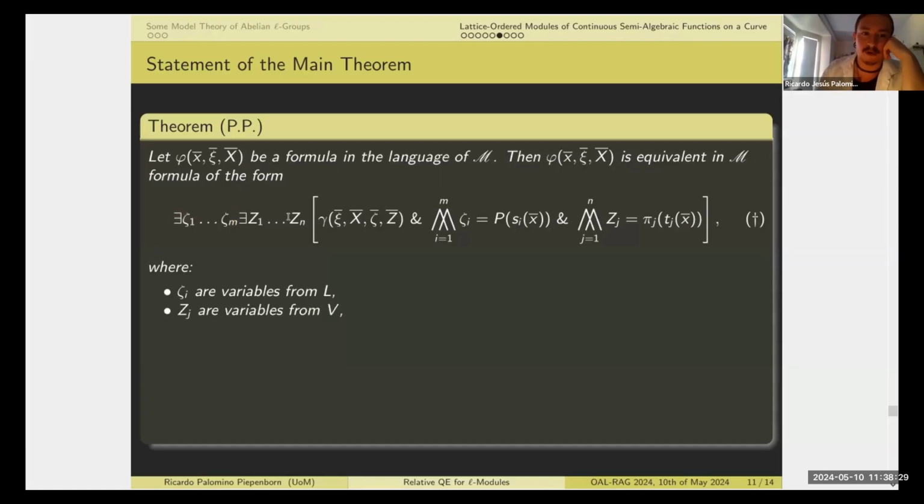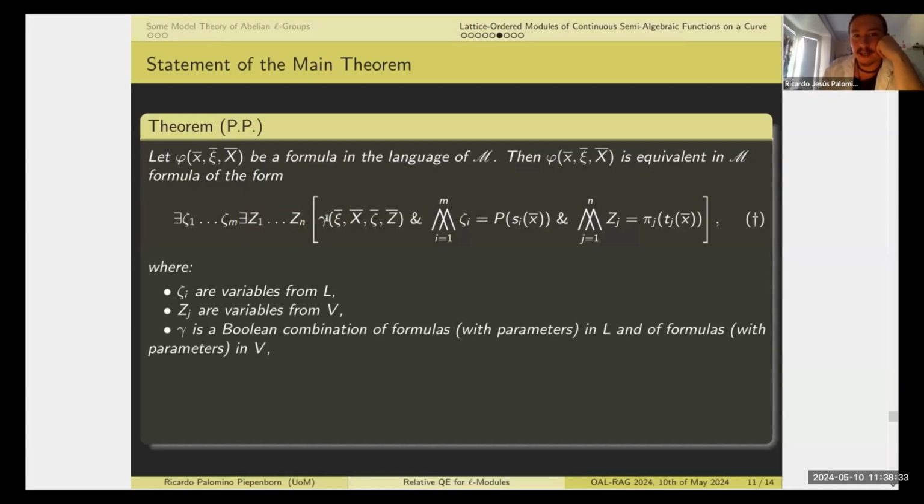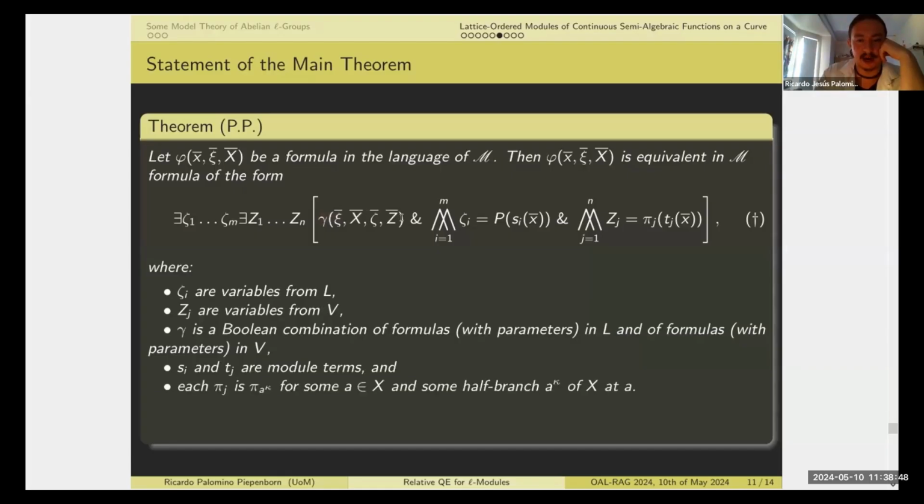Then you have some block of existential quantifiers over the germ sort. Then you have a Boolean combination of properties about the lattice of 0 sets, formulas with parameters, and also formulas about the ring of germs. And the rest are just these conjuncts that are capturing the relationship between the lattice of 0 sets and the module sort.